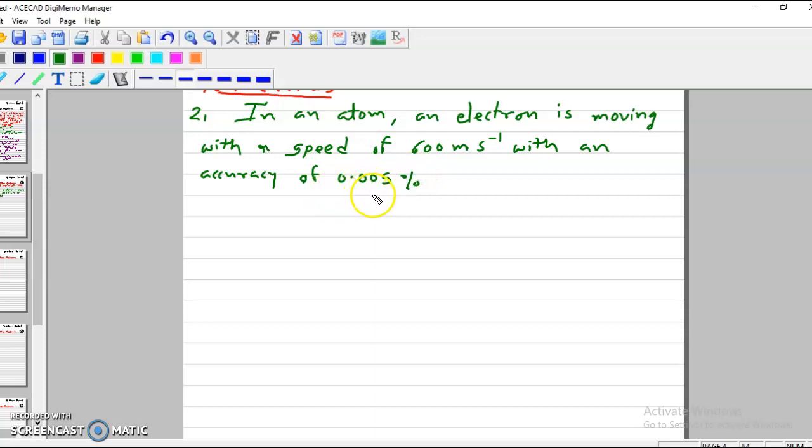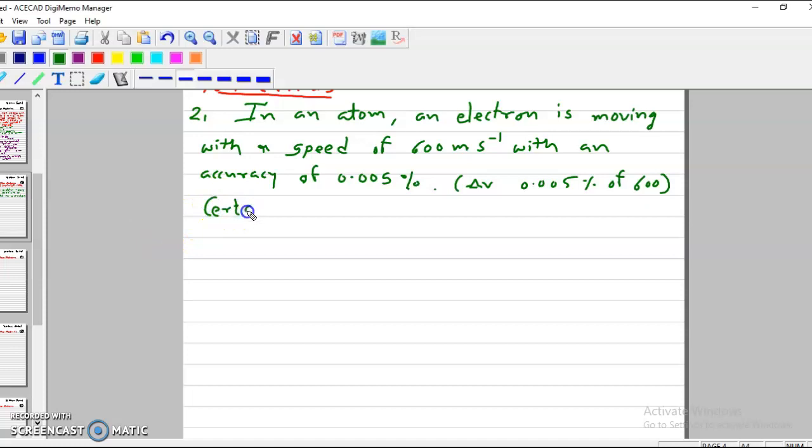That means this is an error in measurement, which can be delta V. That means delta V will be 0.005% of 600.